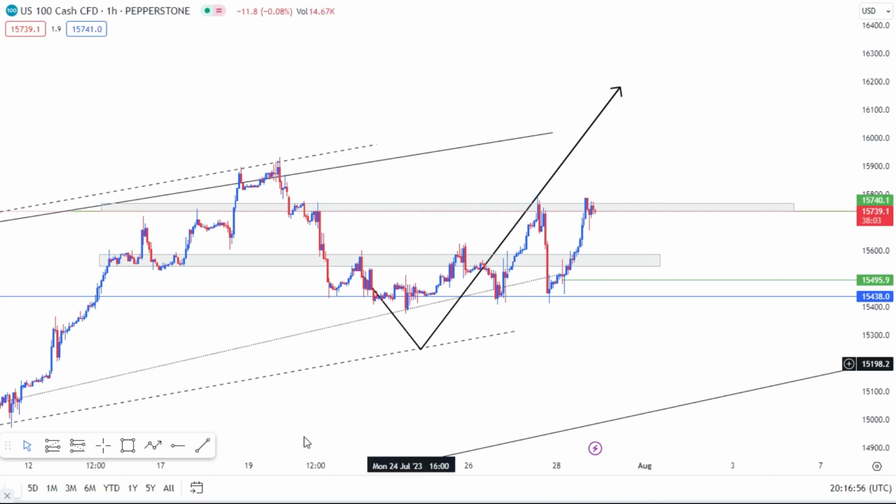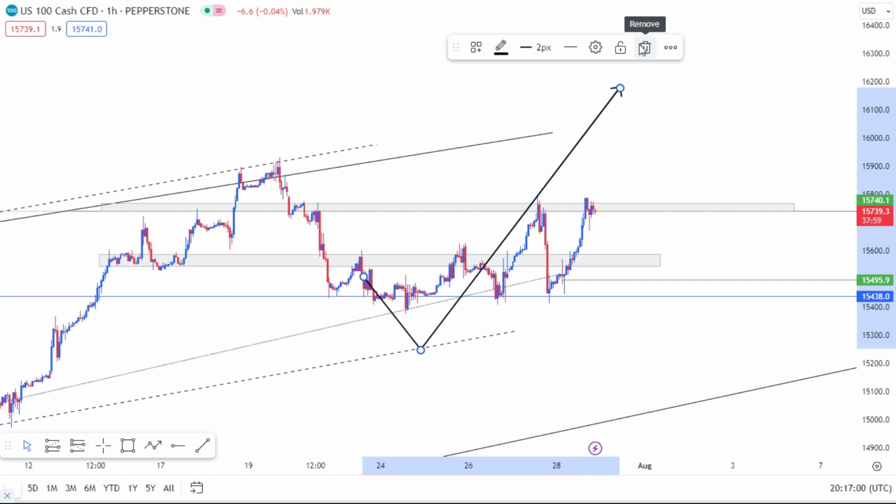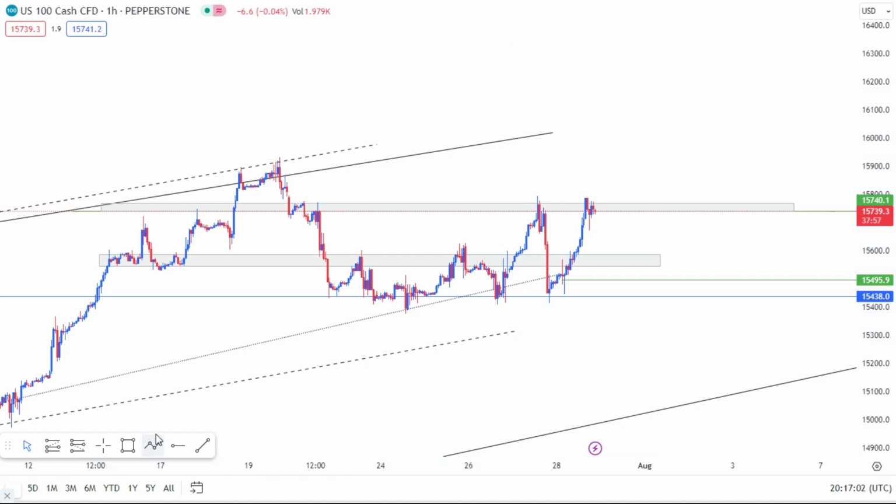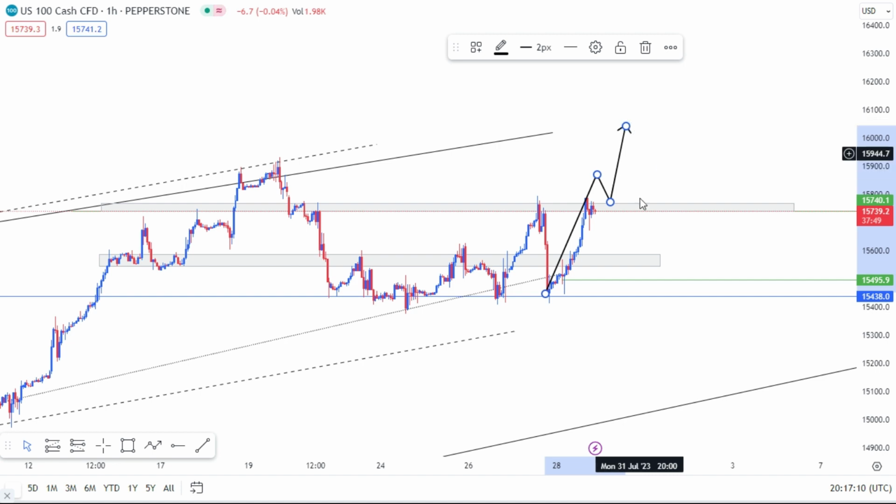If you see the market pushing from this point and retesting this level over here, you can safely say we are going for the bias as well. You can enter after the retest. There's no need for you to wait for the neck break. You can just enter after the retest.